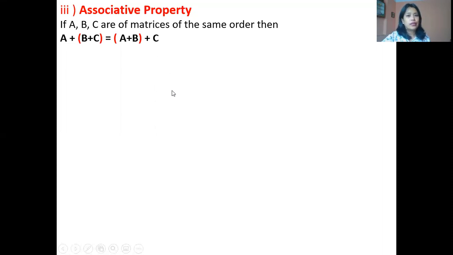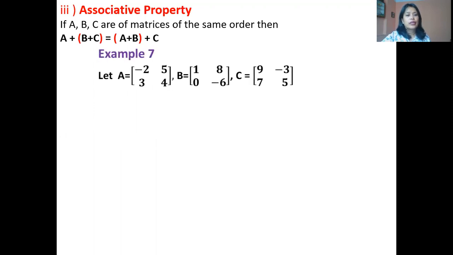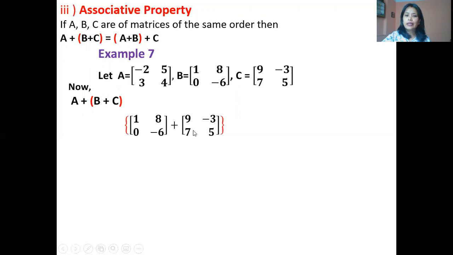Let's verify it by an example. Here we have taken 3 matrices, all of the same order, 2 by 2. To verify it, let's start from the left hand side, that is A plus (B plus C). Here, B plus C must be added first. So let's add B plus C first, then only it's the turn of A.